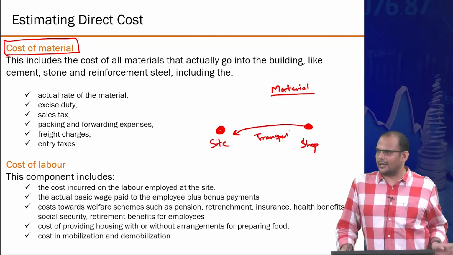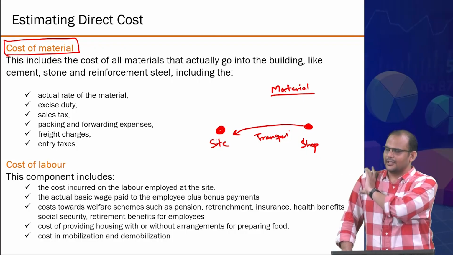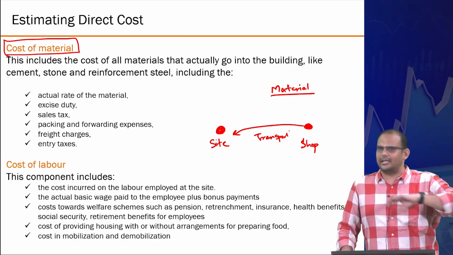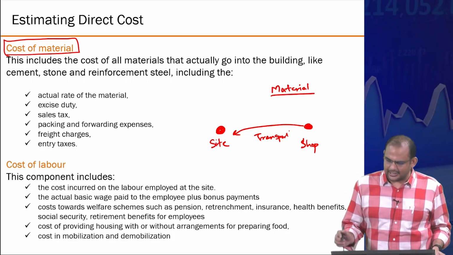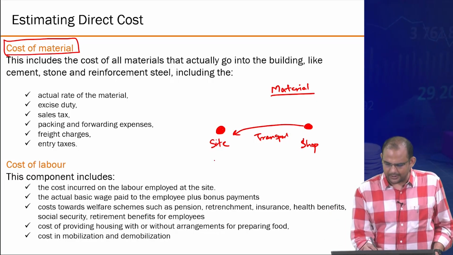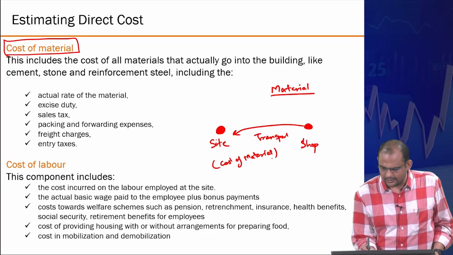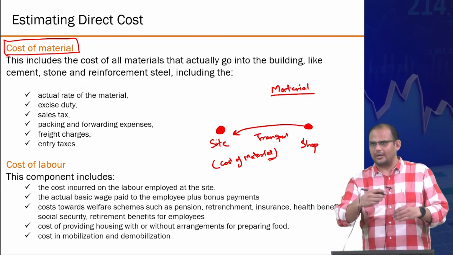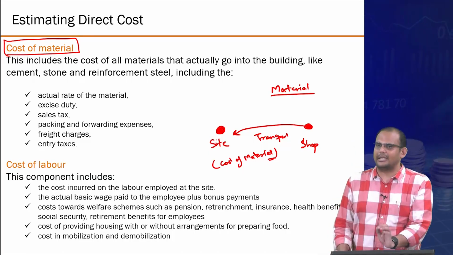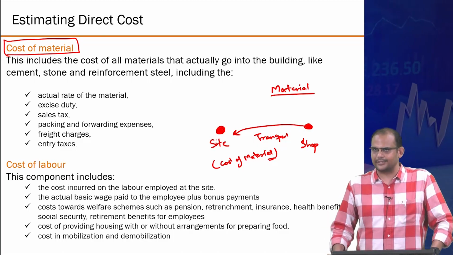Now one possibility of accounting is that you deal with all transportation cost separately, so you identify individual transportation costs associated with each of these materials each time it came. Another possibility is that you club this transportation into the cost of the material. Maybe 1%, 2% of the material cost typically goes into transportation, and therefore does not require any additional mention. It's just clubbed with the material cost, right?